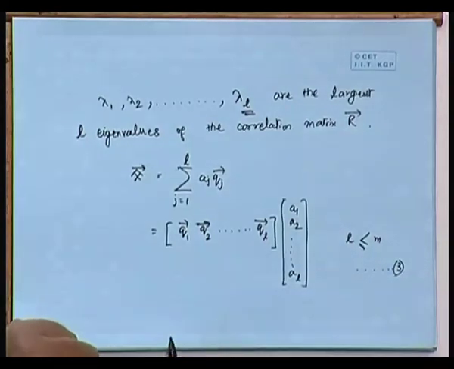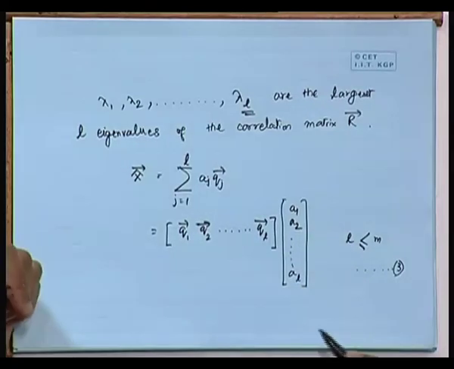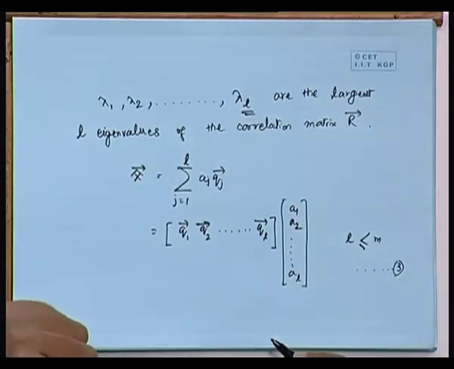Now, how can we compute these ajs? We already know that to compute them, we have to project the x vectors onto the Qis. We need not project onto all m Qis; we can project onto the first L Qis.